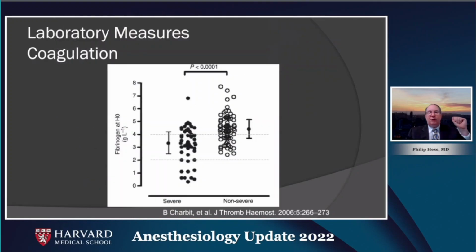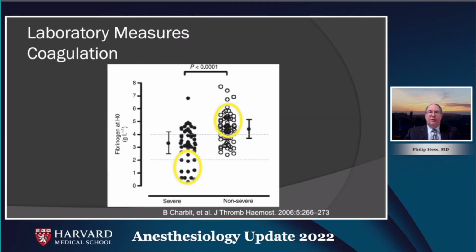And what they found was that women who had a non-severe hemorrhage, meaning less than 4 units transfused or less than a 4 gram per liter drop in fibrinogen, had on average at time 0 a significantly higher fibrinogen level. And as you can see here in the circle, many of them had completely normal fibrinogen levels at time 0.